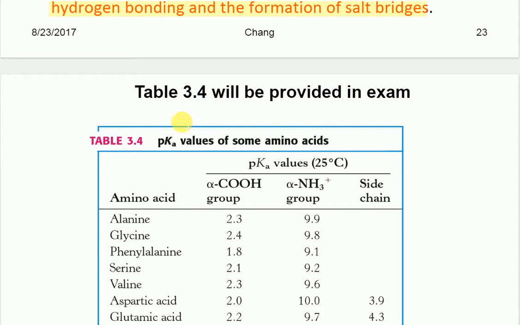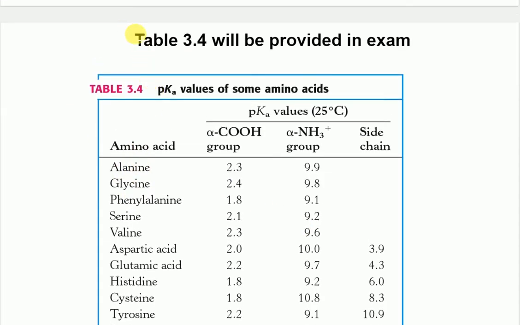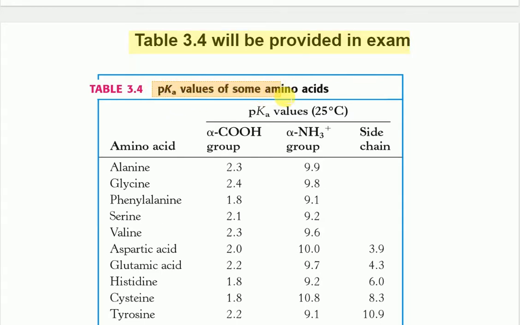So we are going to be having an exam, and this table is important. Table 3.4 will be provided on the exam. So we're probably going to need to know how to use our pKa values of some of these amino acids.